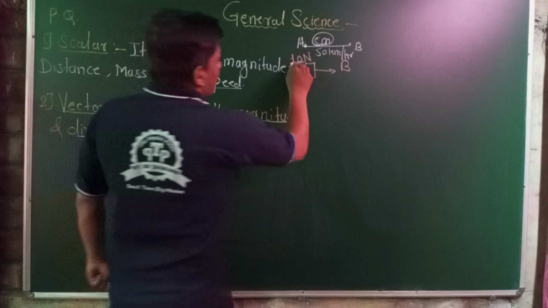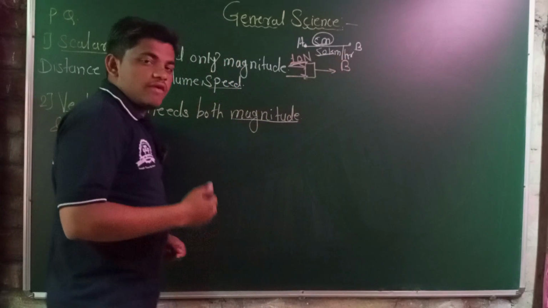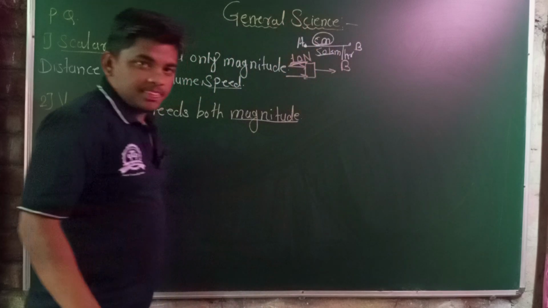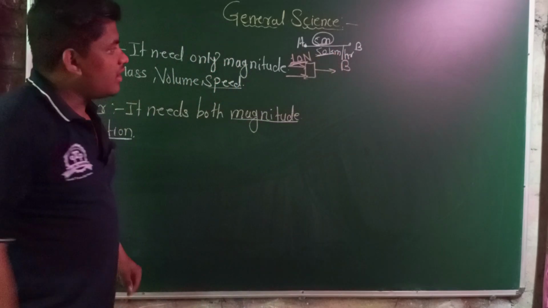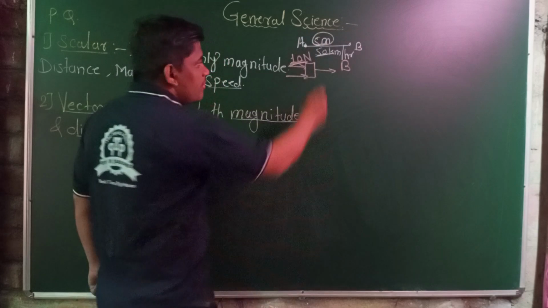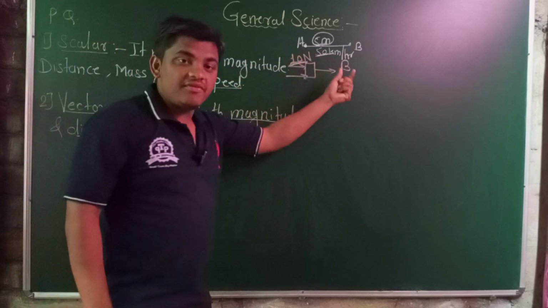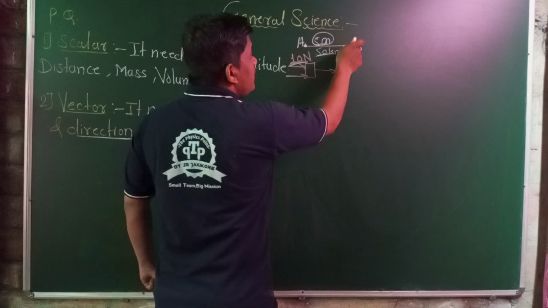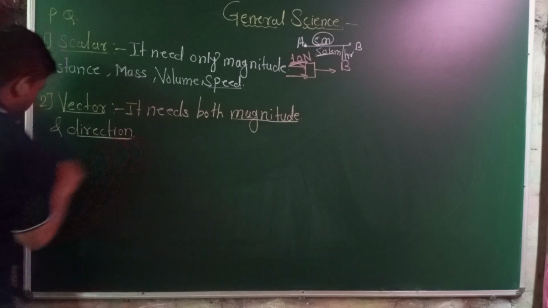Now, the 10 Newton force and the 50 kilometers per hour speed: the vehicle is moving towards point B from point A with a speed of 50 kilometers per hour. 50 kilometers per hour is the numerical value of the speed of that object, but when the object moves from A to B, this shows the direction. It means velocity is the example of a vector quantity.